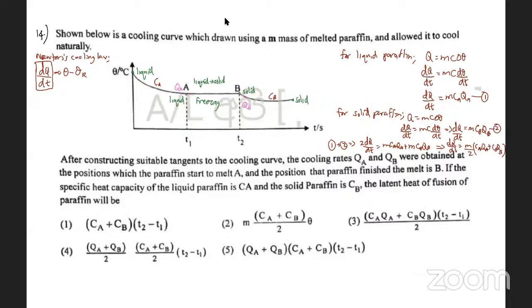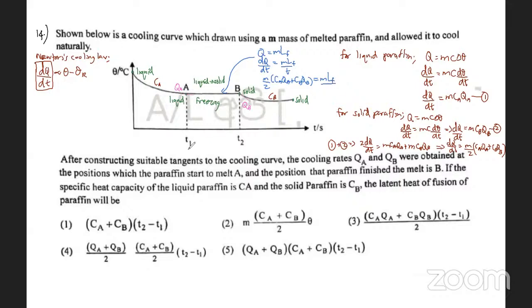Then, for melting, what equation should I be writing for this part? Hurry up. That is going to be Q equals M L_F. So dQ/dt is equal to M L_F over the time taken. We have dQ/dt as M over 2 into C_A Q_A plus C_B Q_B, equal to M L_F over time taken.